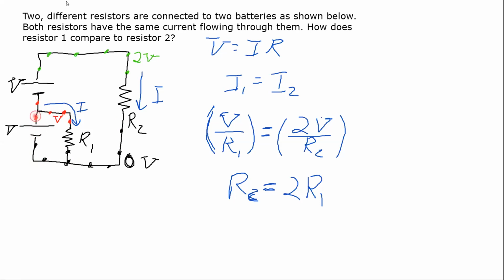And then we get to another battery. Well, it's the same thing. That battery is going to increase your voltage now to 2V, because we went from V plus V. We're adding another voltage there. Now we get 2V. So now this whole wire is set to 2 volts, or 2V, whatever that V is. Okay, cool.